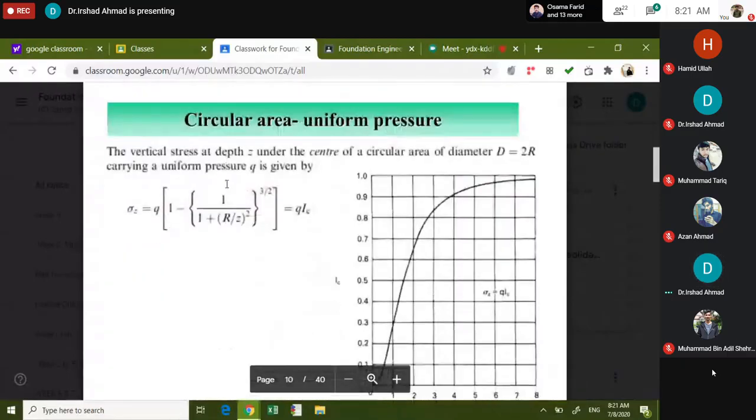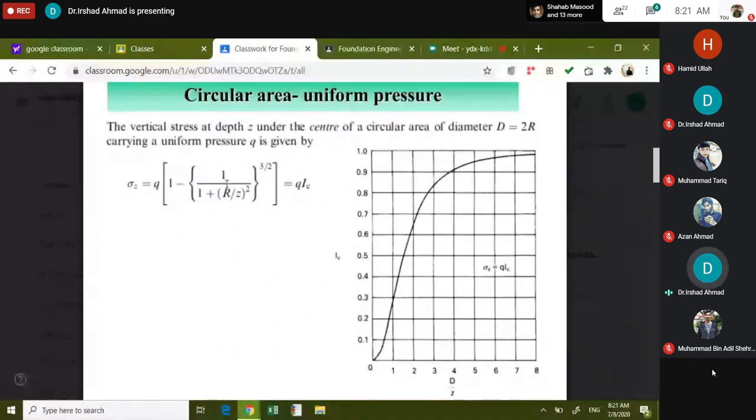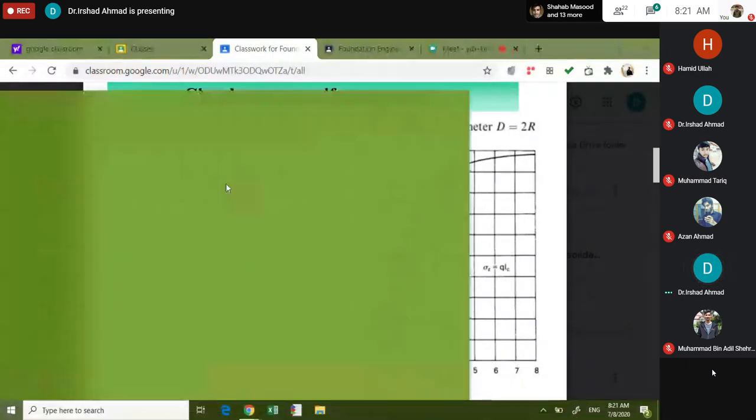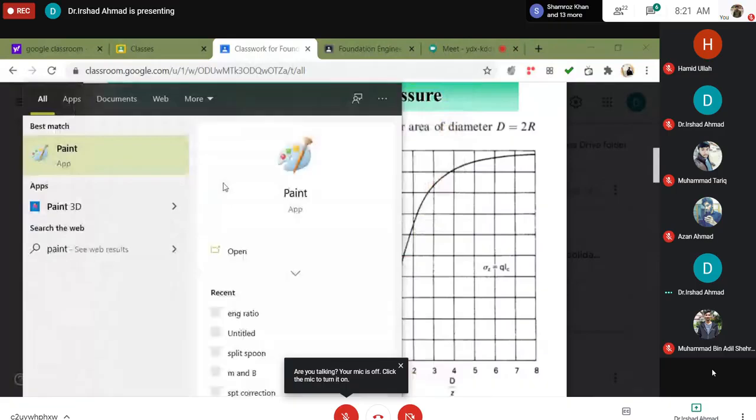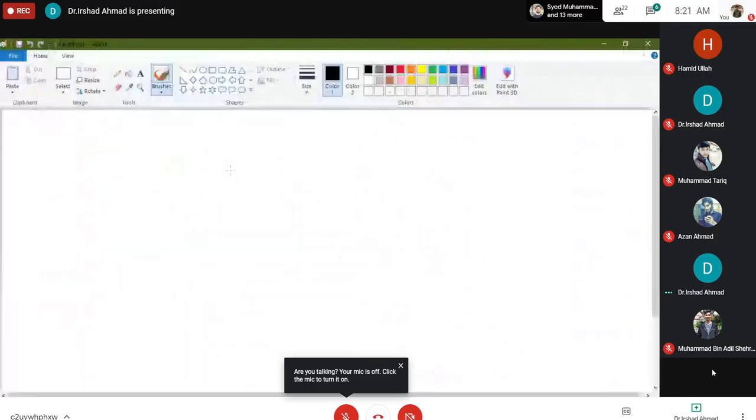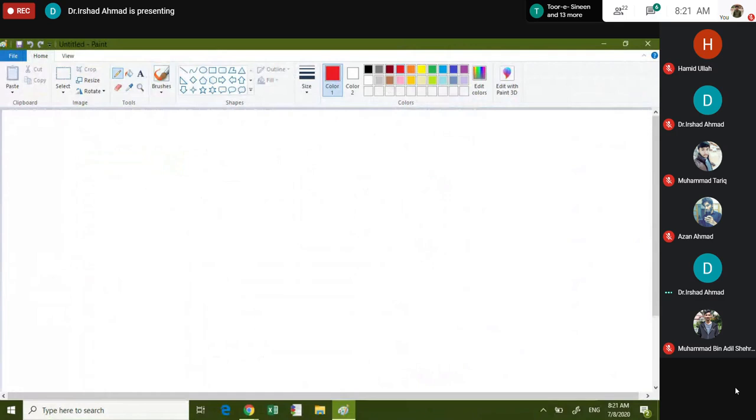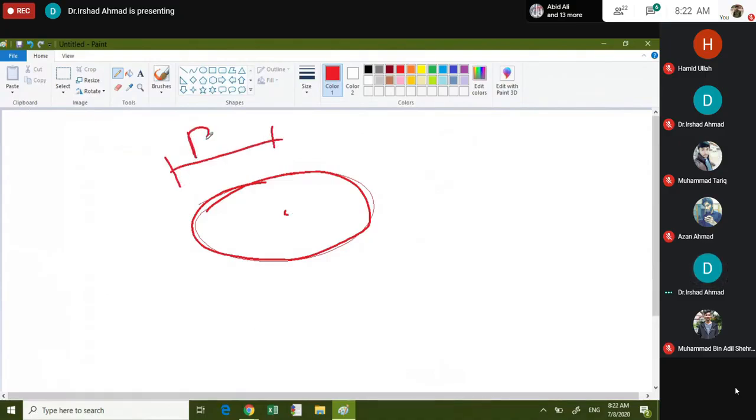Circular area, uniform pressure. You have a circular area of radius r, and there's a pressure. It's a circular foundation, right?